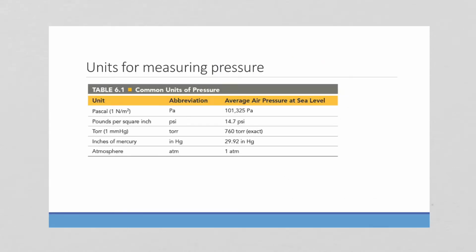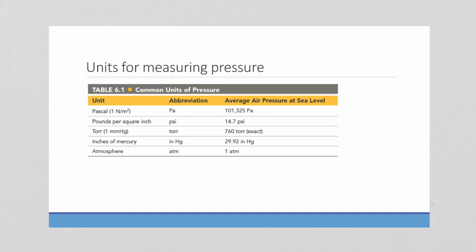So there are a number of units for measuring pressure, and we're going to talk about a few of these and do a couple of conversion calculations to keep up with our dimensional analysis skills. So let's take a look at what these mean.